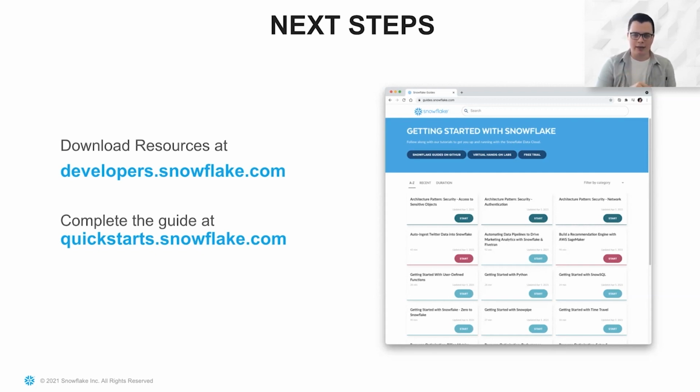You'll also get access to a whole lot of other videos, tutorials, and downloadable resources for building applications with Snowflake. And then we also have an end-to-end guide on quickstarts.snowflake.com that really covers how to build applications specifically with this new SQL REST API from Snowflake.